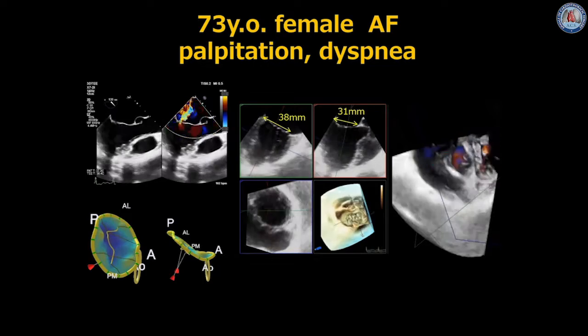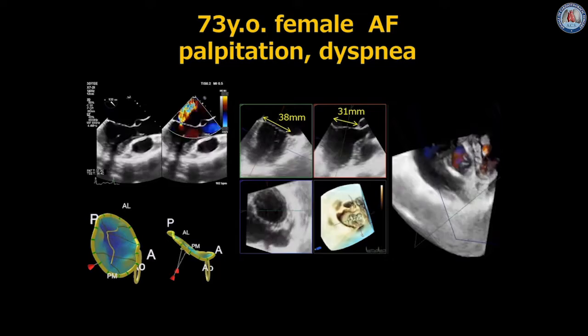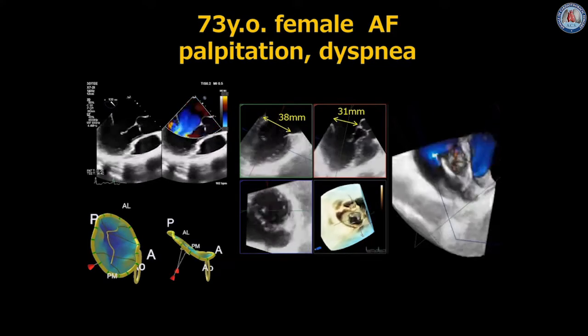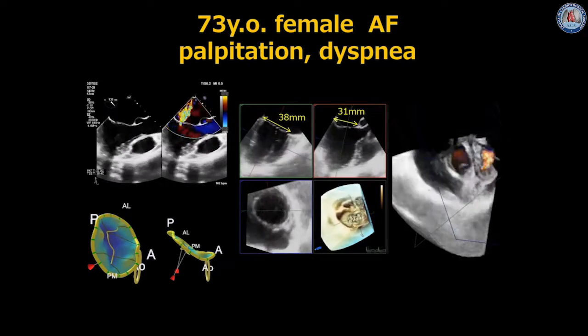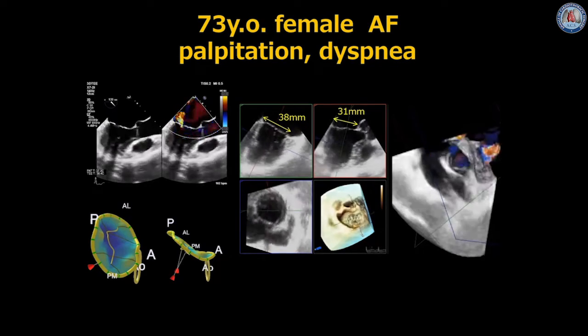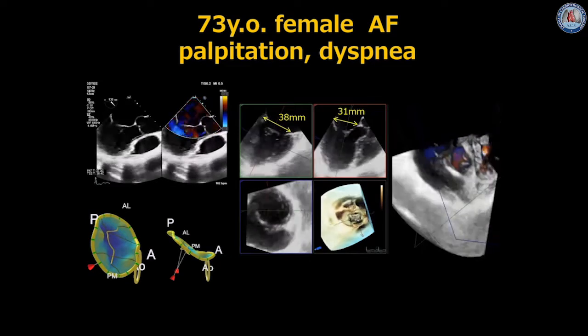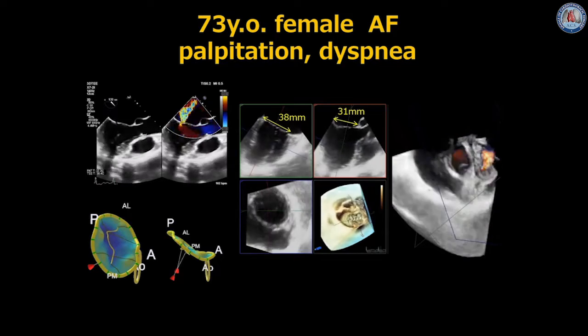Although the degree of atrial mitral regurgitation was significant, we discussed the possibility of LA reverse remodeling after successful catheter ablation and referred her to catheter ablation. Quantitative analysis of the mitral valve complex was performed using dedicated analysis software.